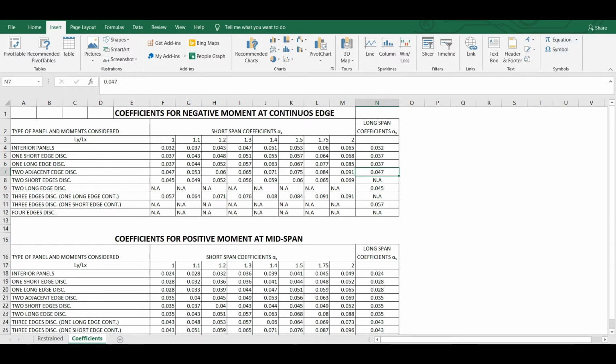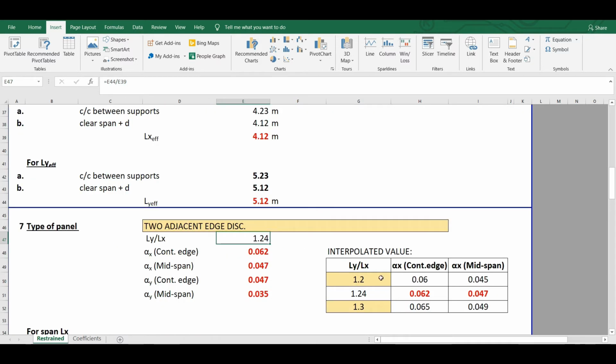Once you copy this table, we will calculate the alpha x value for 1.2 with the help of the VLOOKUP and MATCH functions, and find the values for 1.2 and 1.3 at the continuous edge and at the mid span. Our value is 1.24, which is in between 1.2 and 1.3, so we can easily interpolate the value.